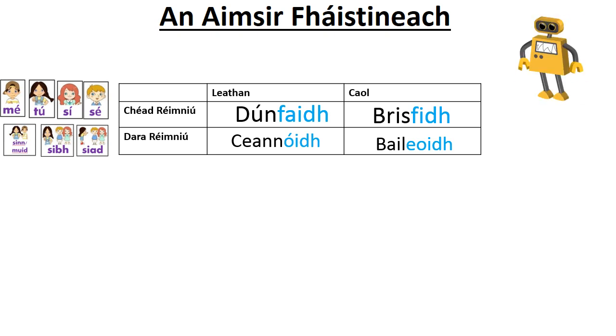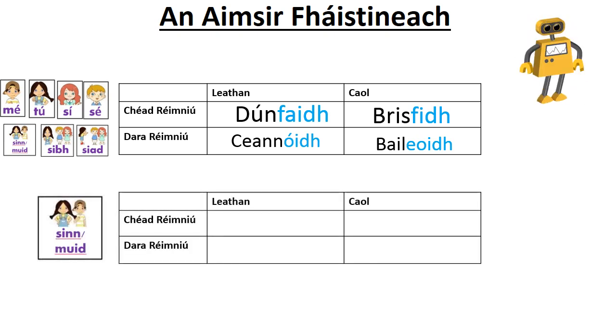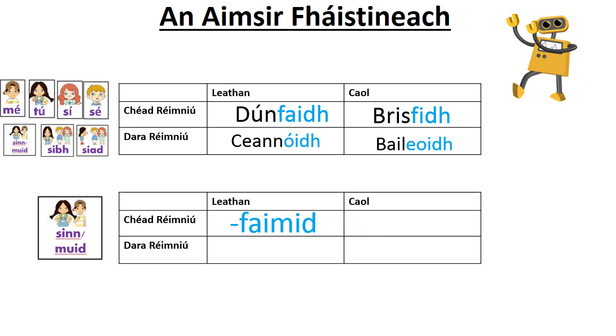Now, for the I'm sure Áisteanach, there is no special ending for me, so we can forget about that. If we're saying me, it's dún he may, brish he may, cianowi may, balowi may. But as usual, we do have a special ending for we. Famij or hamij.